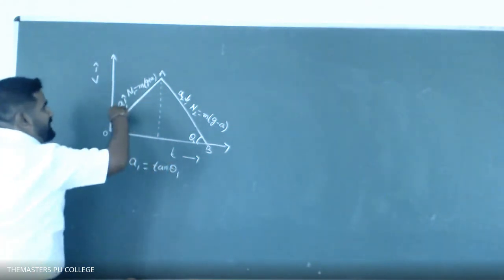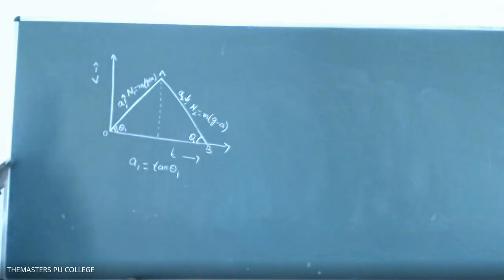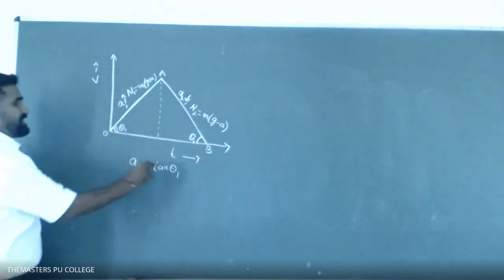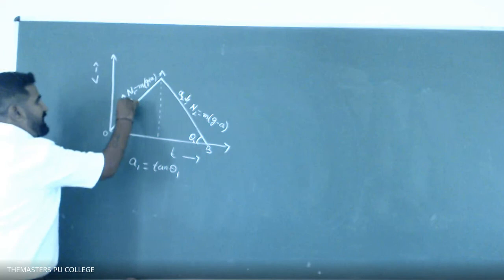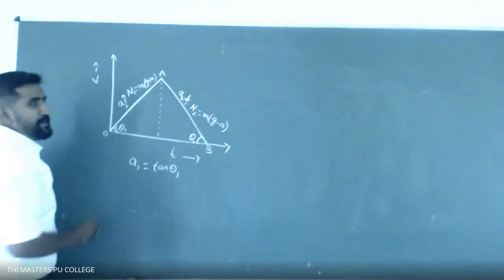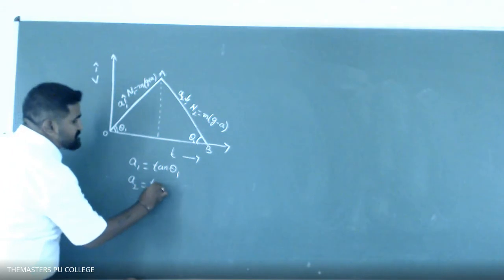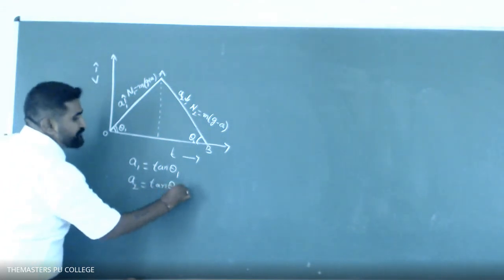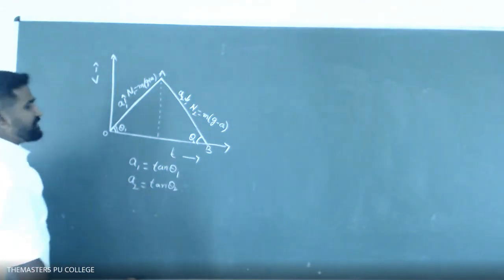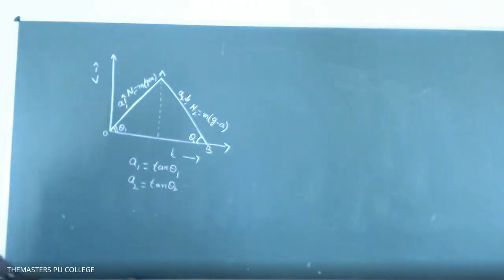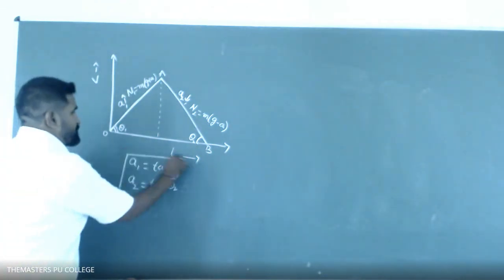Slope of the VT graph is acceleration. If I want to find a2, it is equal to tan theta2. So remember this. It will help you to solve a problem.